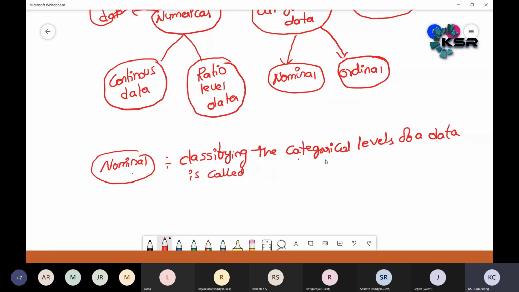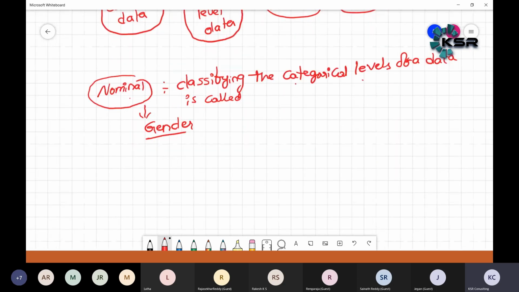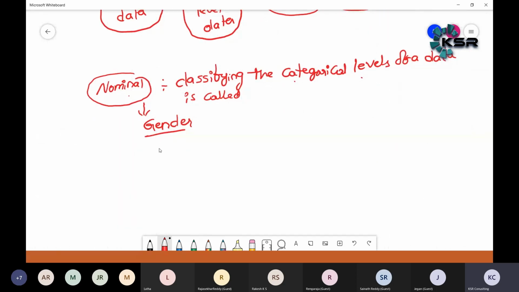For example, gender. Gender is one column or variable. Under gender we have male, female, others. Here we are classifying the categorical level. Male is one category, female is one category, others is another category.